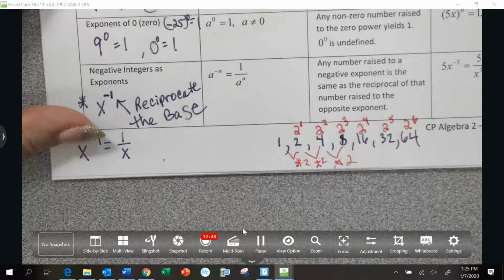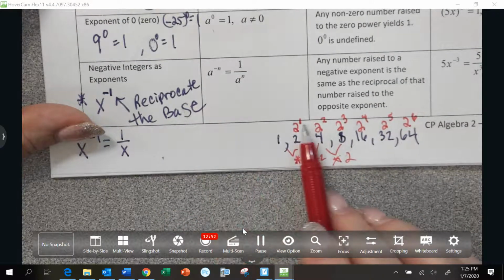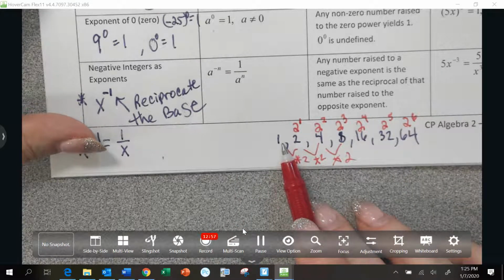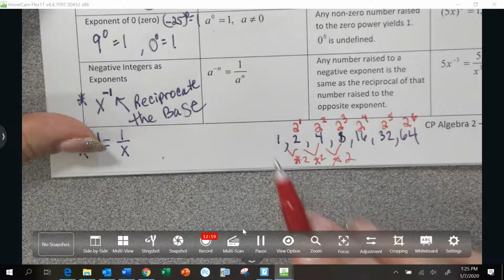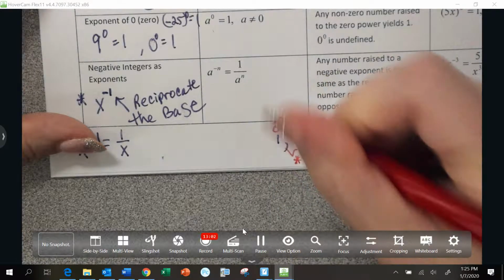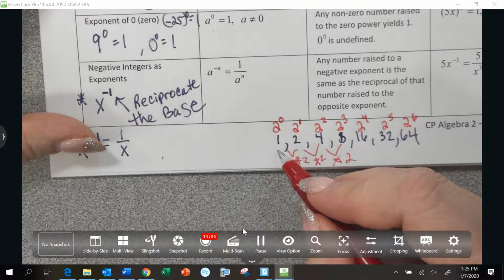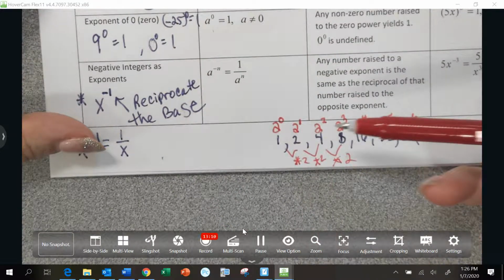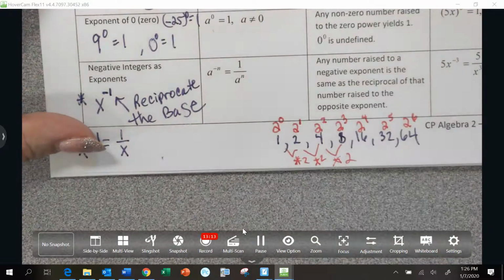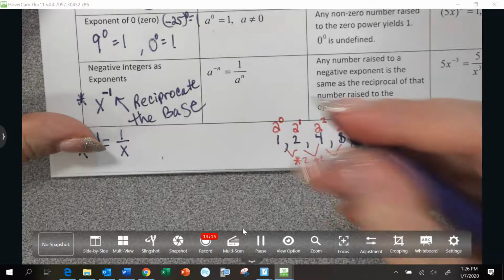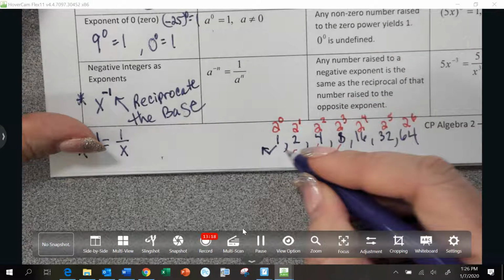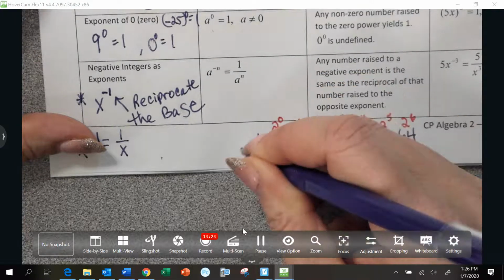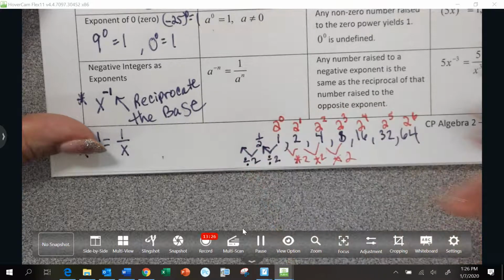Let me go backwards. If you follow my pattern that I wrote in red, what would this be? Is anything to the 0 or 1? If I'm going this direction, I'm not multiplying by 2, I need to divide. So my next number down is a half, and then 1/4.